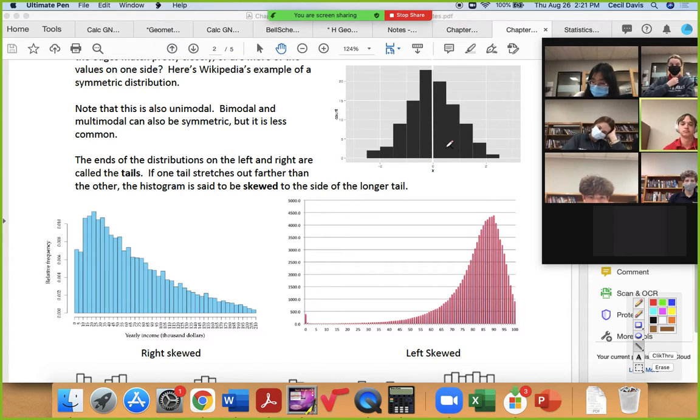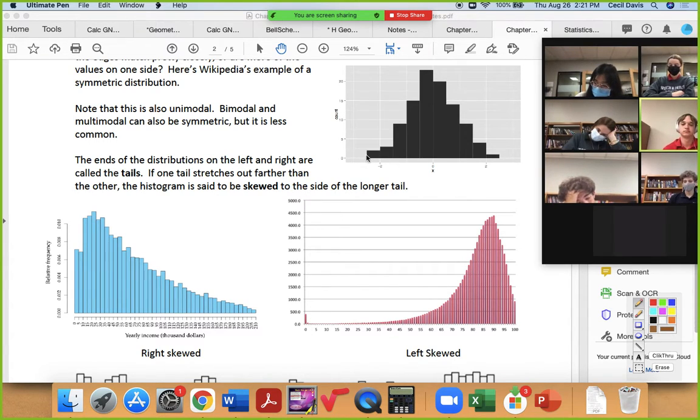This is symmetric. I took this one from Wikipedia because I thought, oh, that's interesting. It's not at all close to being perfectly symmetric, but it's pretty close to being symmetric. This particular one is unimodal. You can have symmetric data that's bimodal or multimodal, but it's a lot less common. You just won't see it nearly as often.